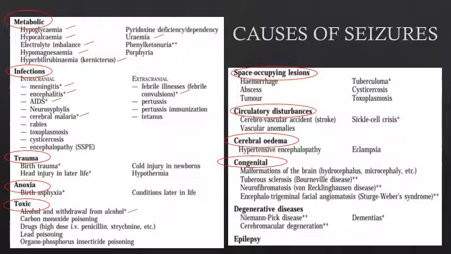congenital problems that occur from birth, such as malformations of the brain, like hydrocephalus and microcephaly, which we have seen in our practice. We have children presenting with abnormally large or small heads, typically with seizures, particularly to the PDC clinic.